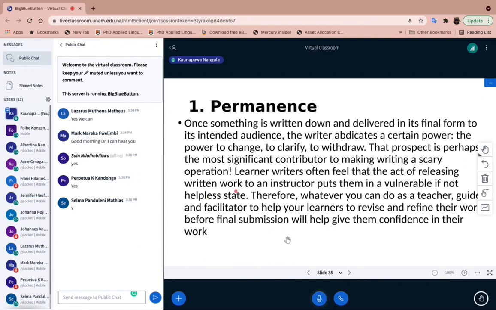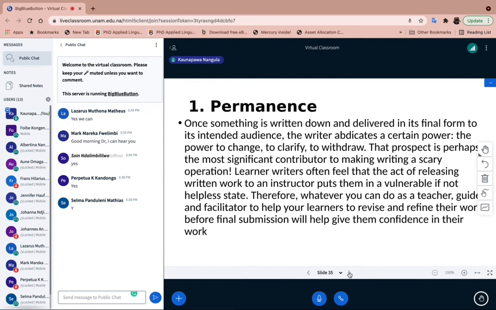That's why sometimes we experience writer's block, when you don't know what to say anymore. It's like you just get into a state of not being able to do anything. So you as a teacher, encourage the learners. It's very, very important for us to encourage our learners.